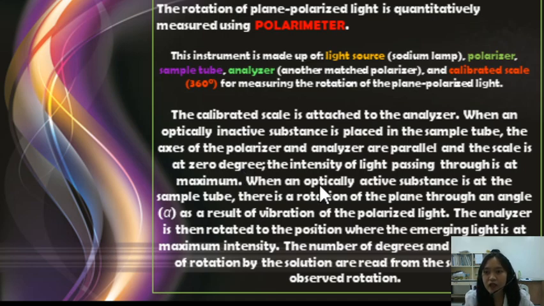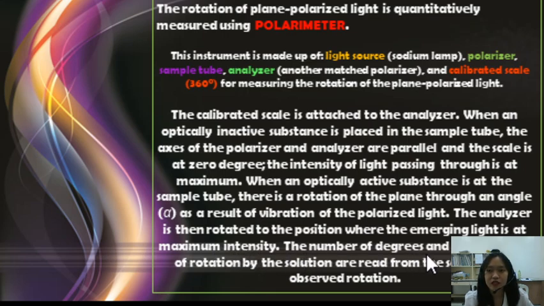On the other hand, when an optically active substance is in the sample tube, there is a rotation of the plane through an angle. The symbol of the angle is letter alpha, as a result of the vibration of the polarized light. The analyzer is then rotated to the position where the emerging light is at maximum intensity.